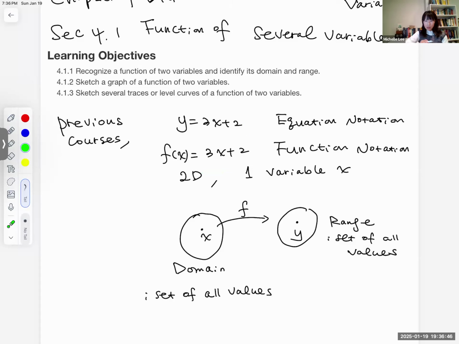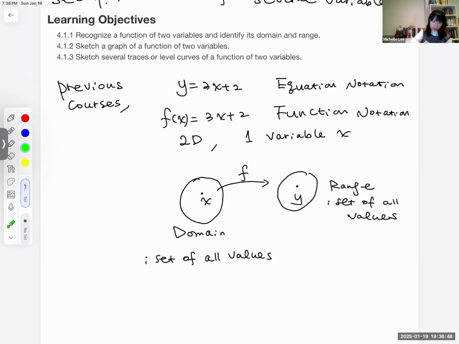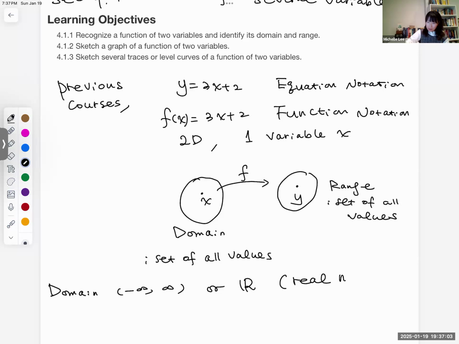Their domain is all real numbers, so we indicate negative infinity to positive infinity, or the real numbers, fancy notation. And the range as well, negative infinity to positive infinity, right?